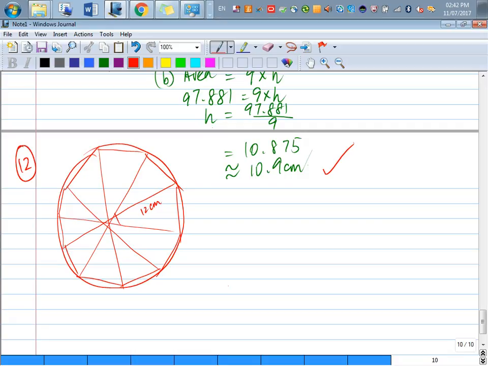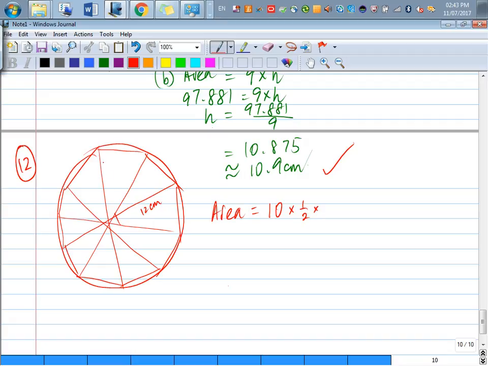So I want to find the area of this decagon. Area of this decagon is equal to, give me a plan. What's a good plan? Area of all the triangles. How many are there? 10. 10 times half times base. How much is the base? Are we using half base times height or half AB sine C? Half AB sine C, right?